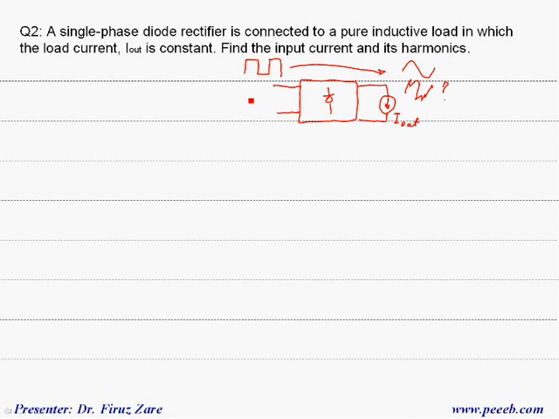That means the input current can be defined in terms of different sine and cosine terms.